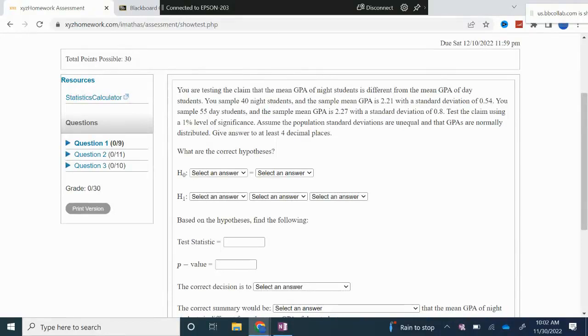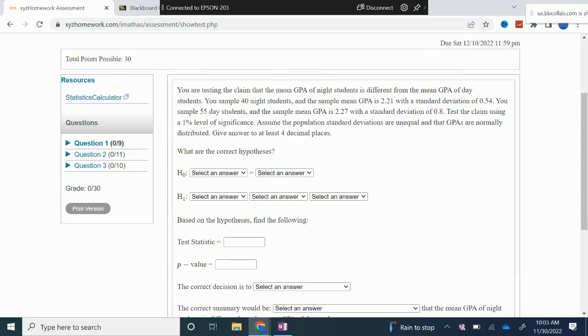You sample 55 day students. Right, so that sample size for the second mean is 55. There's a sample GPA of 2.27. So that would be the mean for the second group and a standard deviation of 0.8.